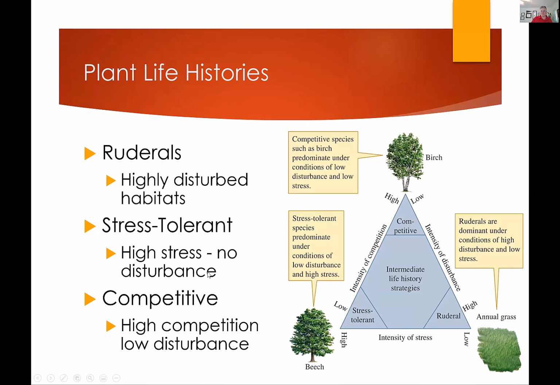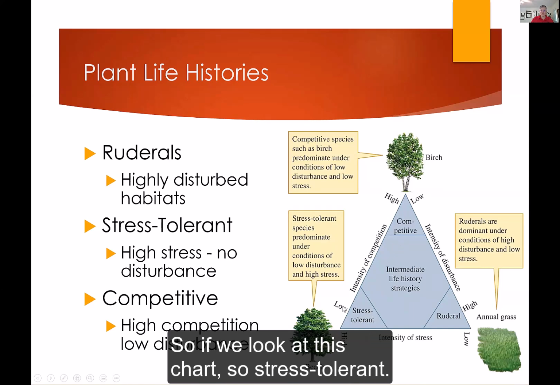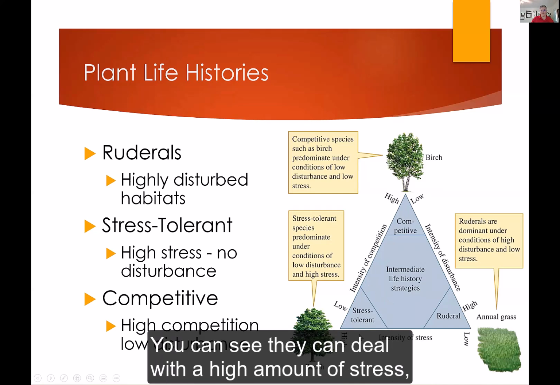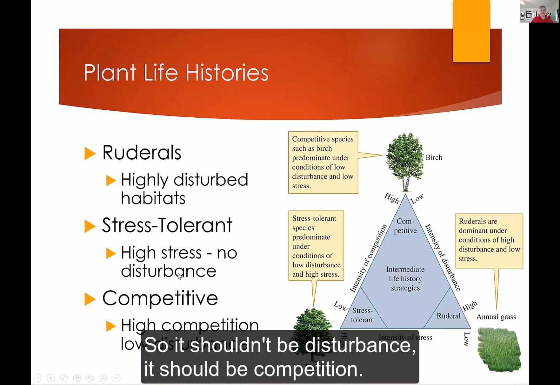Do me a favor, if you're writing this, this is incorrect right here. If we look at this chart, stress tolerant, right? You can see they can deal with a high amount of stress, but they do not like competition. So it shouldn't be disturbance, it should be competition.